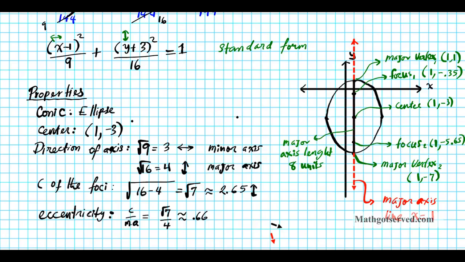Now let's shift our attention to the minor axis. There isn't too much going on there. We're just gonna label our minor vertices, and also the length of our minor axis. Okay.